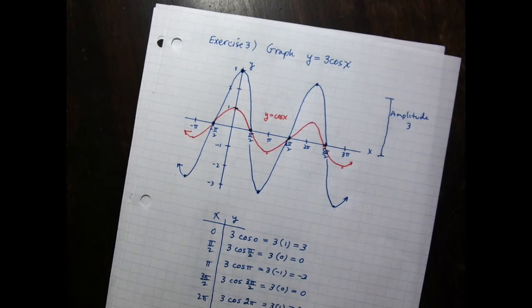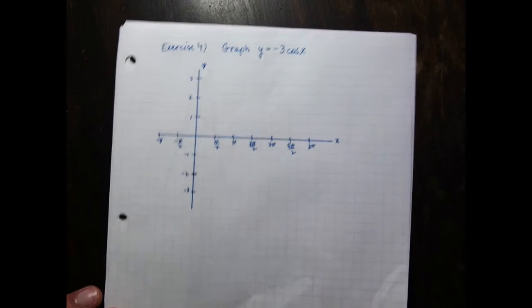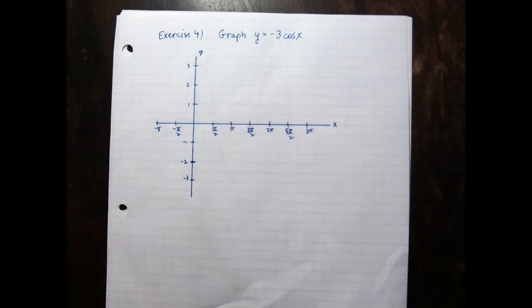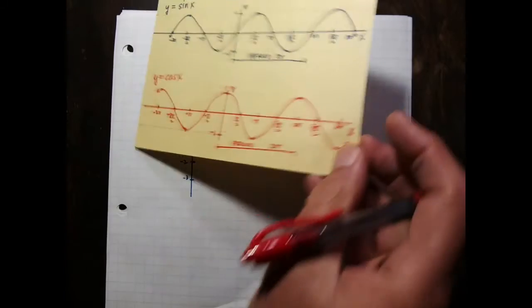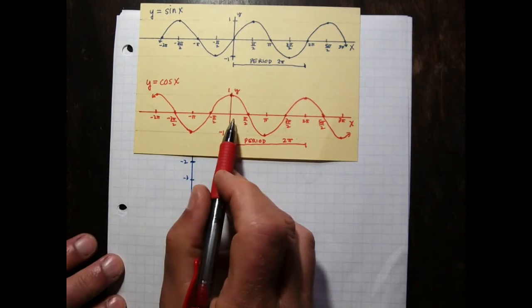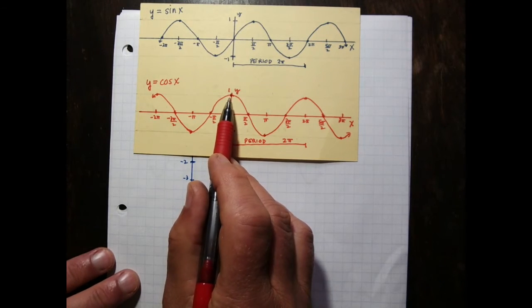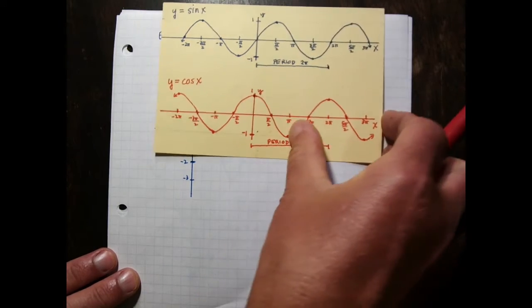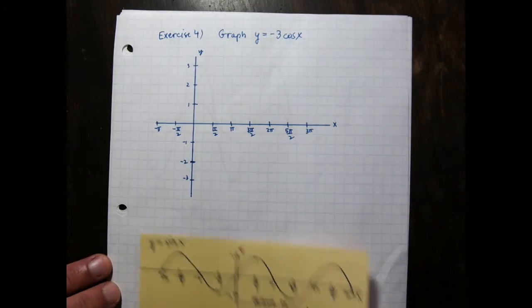Well, that's not what we want. We want to go to number 4. So we want to graph negative 3 cosine x. And I'm just going to go right ahead and sketch this graph because we know what the cosine graph looks like. You've got to have the cosine graph memorized. Starts out at 1, then to 0, then to negative 1, 0, to 1, as we move through those quadrantal angles.